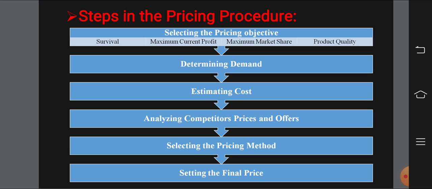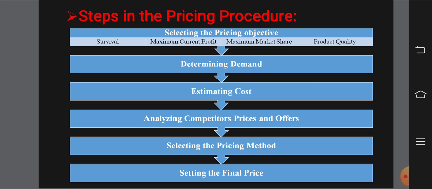Then the third step is estimating the cost. In this, the firm has to calculate their overall expenditure from manufacturing, distributing, promotion, advertisement, and the risk taken by the firm. In this way, at the end, they will come up with the lower limit of the price of that particular product.